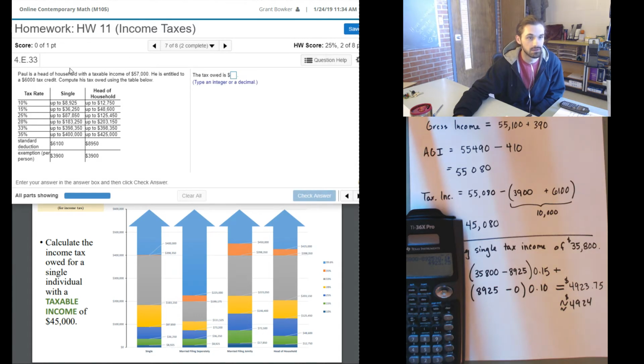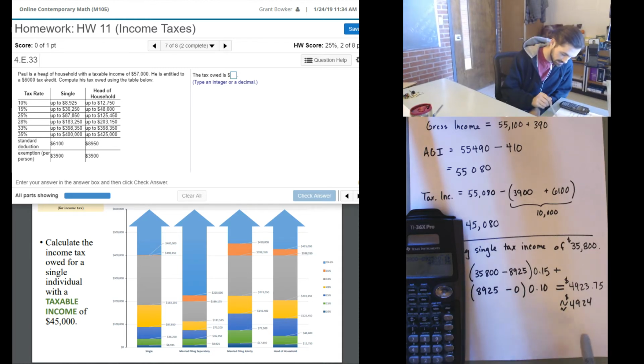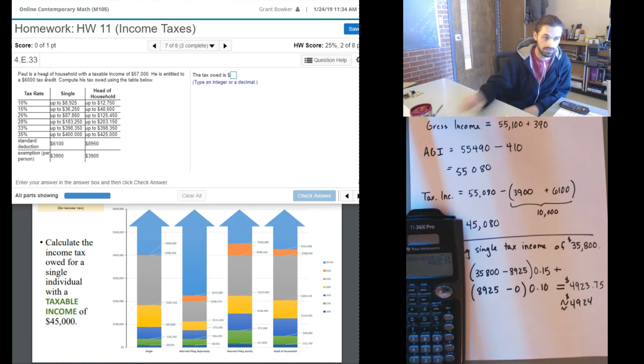All right, here's what I wanted to point out with the tax credit. So a tax credit, how do you handle a tax credit? So you do what we just did. You find the tax that's owed, and then at the very end, you remove the tax credit.